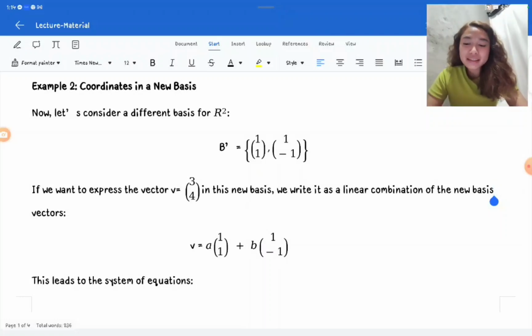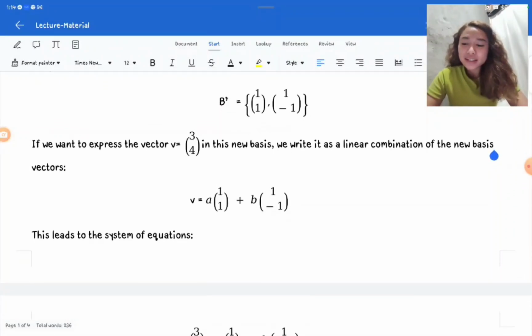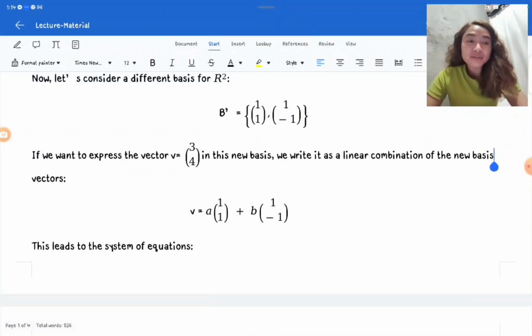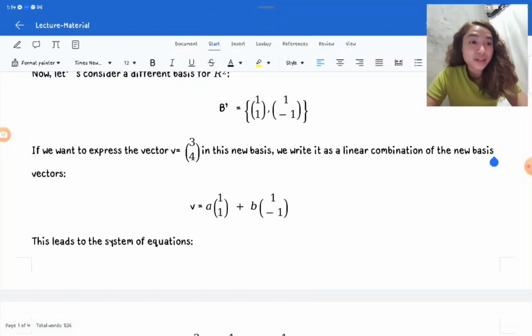We can still represent the vector v equals (3, 4) in this new basis, but the coordinates will be different. To find the coordinates of v relative to the new basis, we need to express v as a linear combination of (1, 1) and (1, -1).